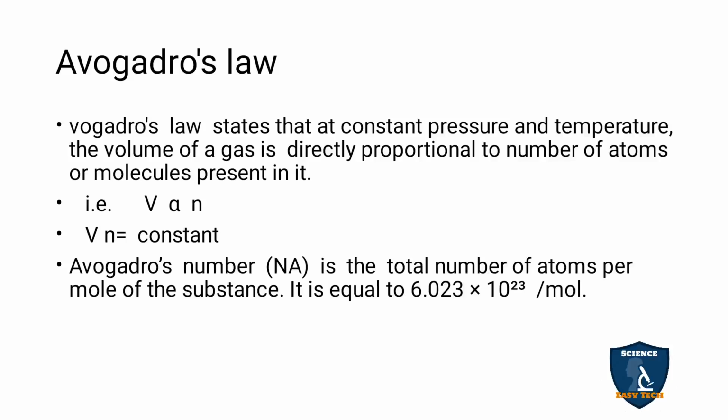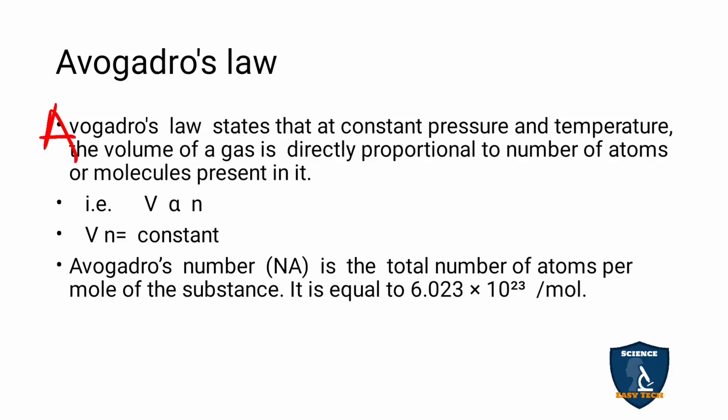Next we move on to Avogadro's law. Avogadro's law states that at constant pressure and temperature, the volume of the gas is directly proportional to the number of atoms or molecules present in it.